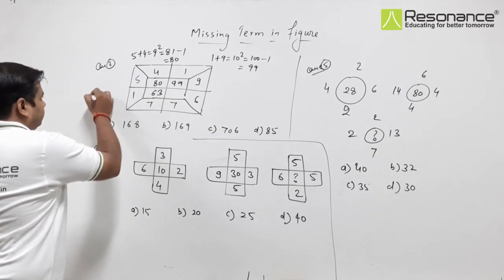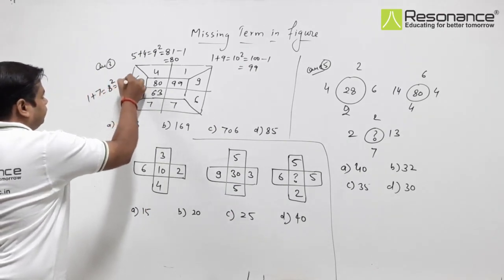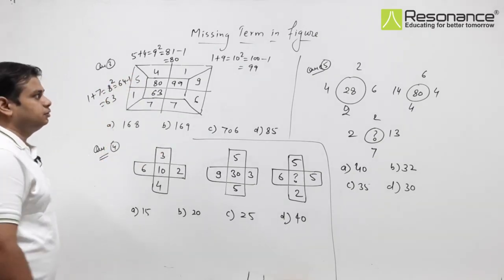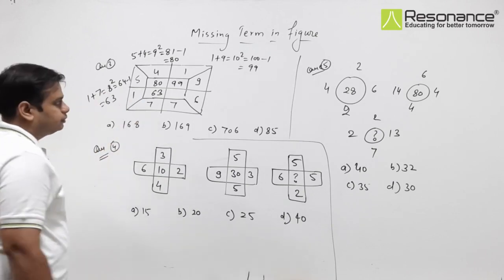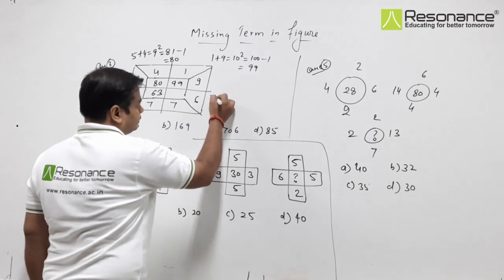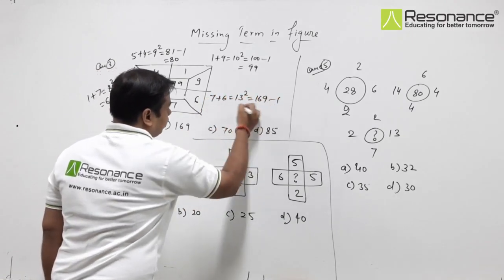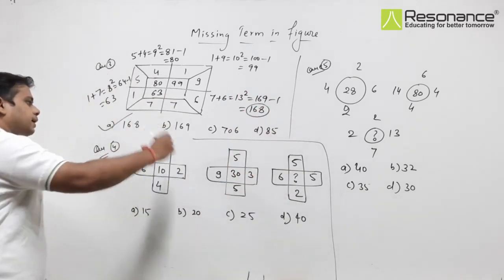Similarly, 1 plus 7 is 8, 8 square is 64 and 64 minus 1 is 63. So we have to do the sum, then square, then subtract 1. Similarly, 7 plus 6 is 13, 13 square is 169, minus 1 is 168, which is the correct answer.